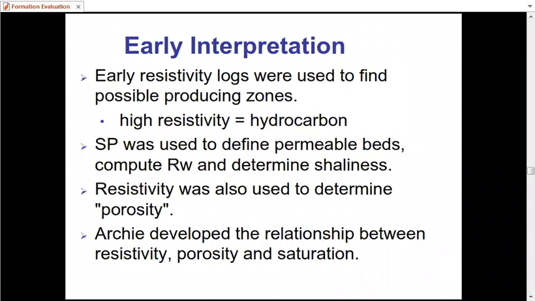The spontaneous potential log is used to define the permeable beds, compute the formation water resistivity, and determine the shale volume. Also, resistivity is used to determine porosity, as the Archie equation develops the relationship between resistivity, porosity, and water saturation.